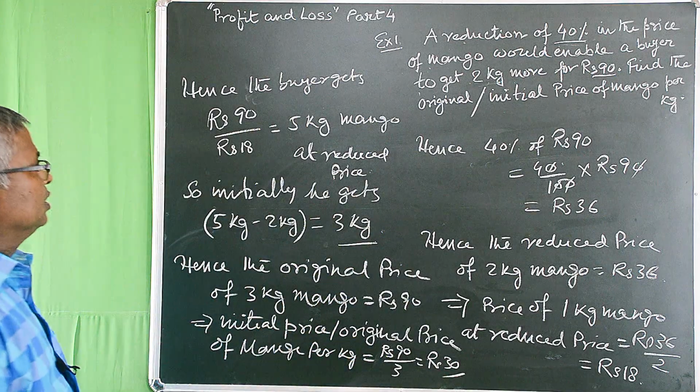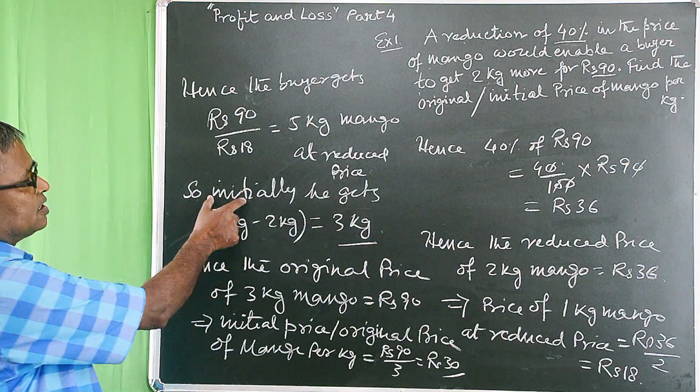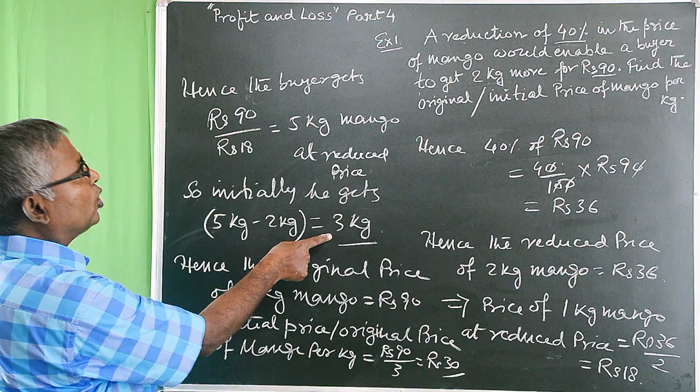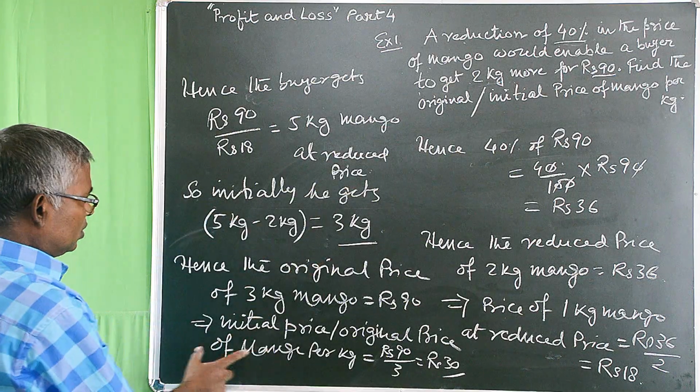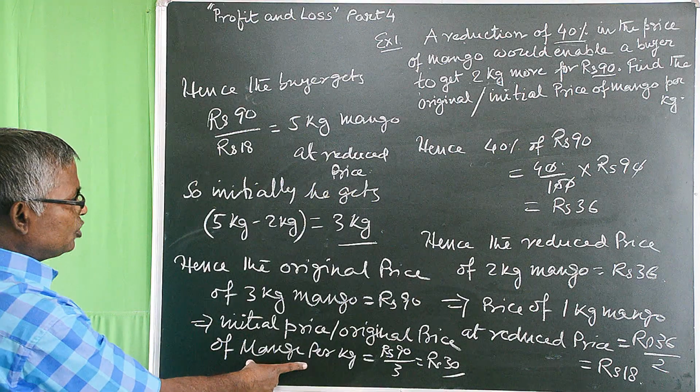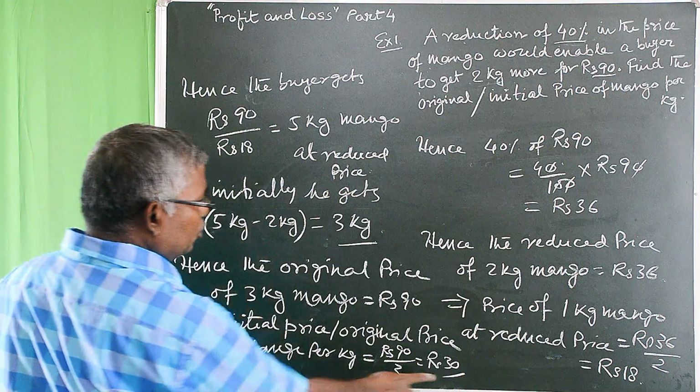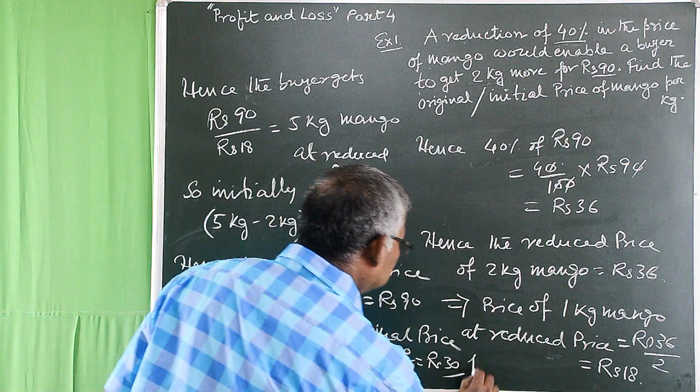Students, initially he gets 3 kilo mango for ₹90. Therefore, the original price of mango per kilo equals rupees 30 per kilo.